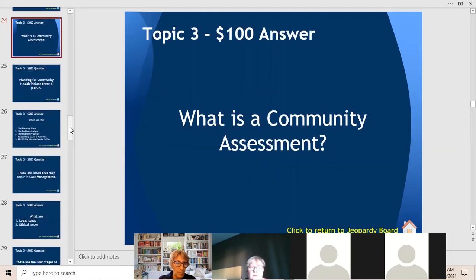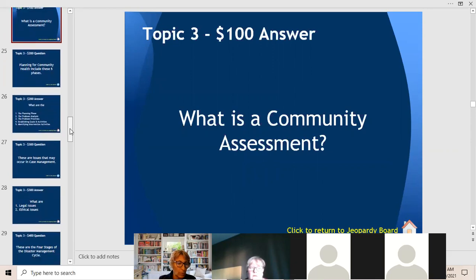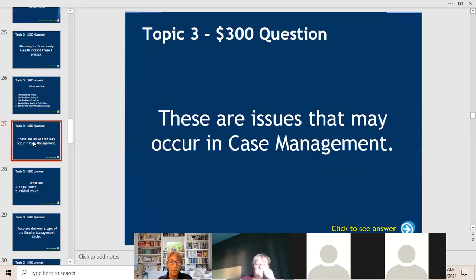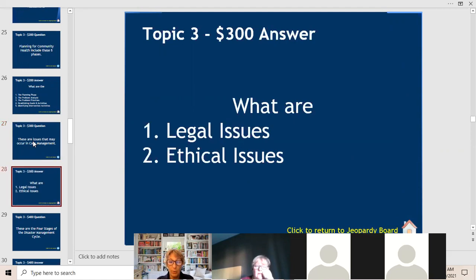Okay, this is a good one. What are some issues you might face? Lack of, like, if insurance won't provide something that somebody needs. There's all kinds of things with case management. Yep. And here are the two biggest issues we talk about: legal issues, ethical issues.